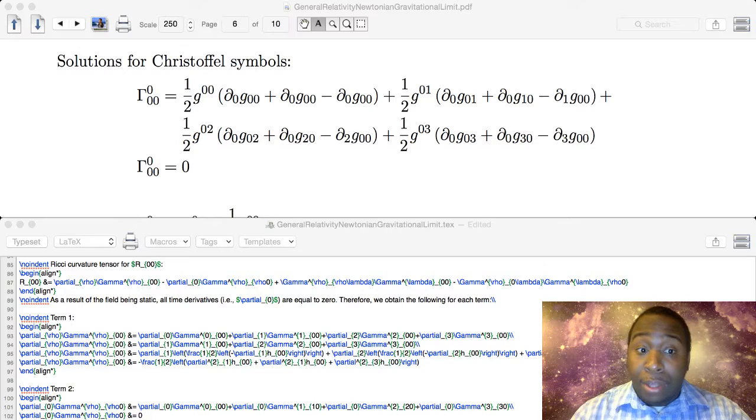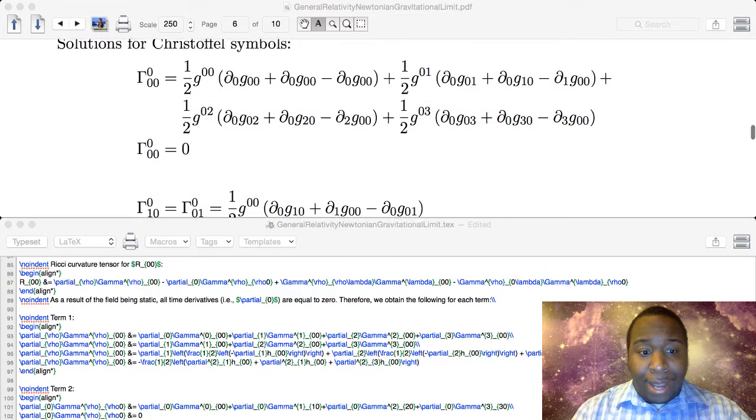However, the G superscript 00 did have a non-zero element. So now we need to evaluate what's going on inside of the parentheses for that particular term. And again, if you notice, all of the partial derivatives are with respect to the 0th coordinate, which we know is equal to 0. So for this term, it's equal to 0 in total.